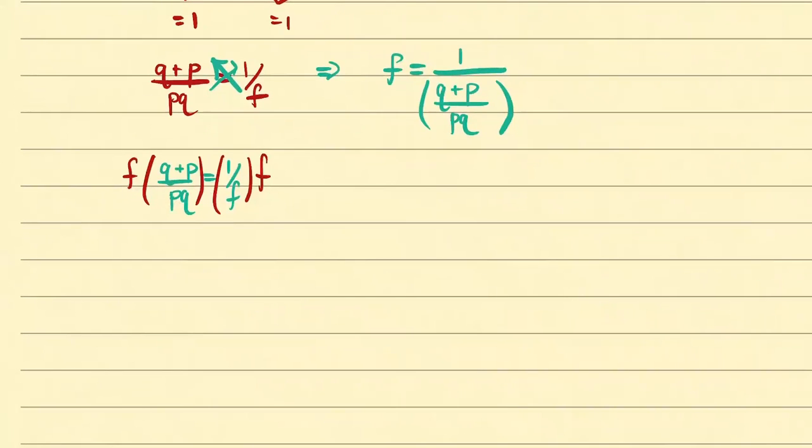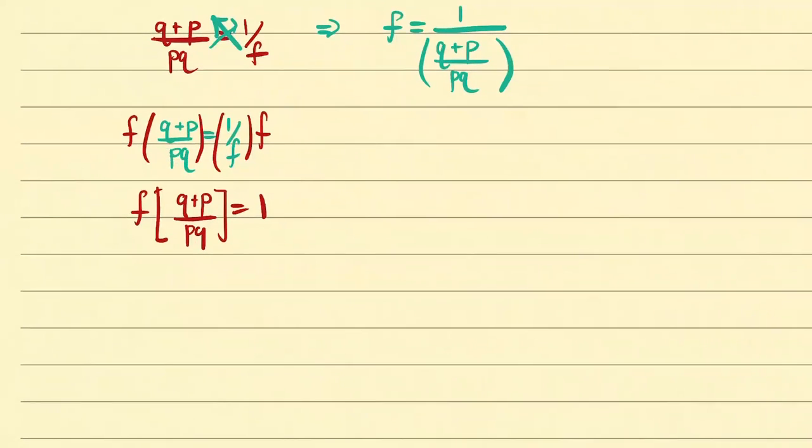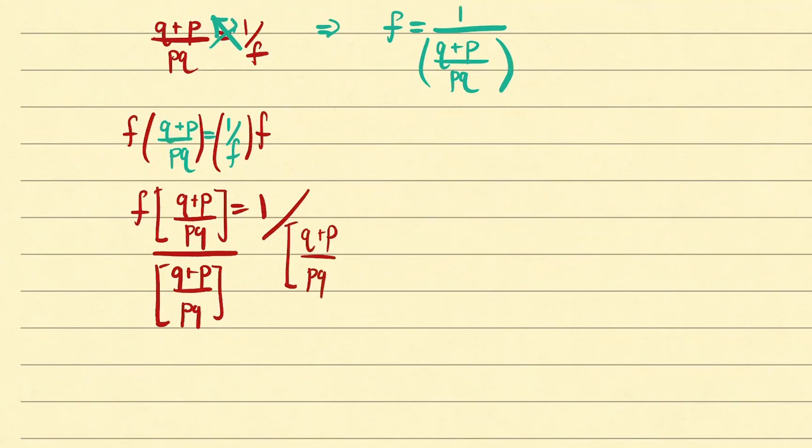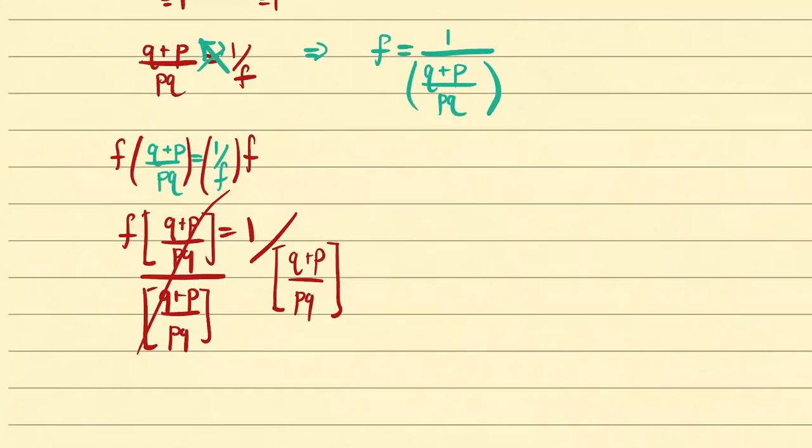So I took that variable f, multiplied it on both sides to get f times q plus p over p times q, and that was equal to 1, because f times 1 over f is 1. And then in order to get f alone, I divided by this quantity on both sides. So now this cancels as 1, and that's where we are over here.